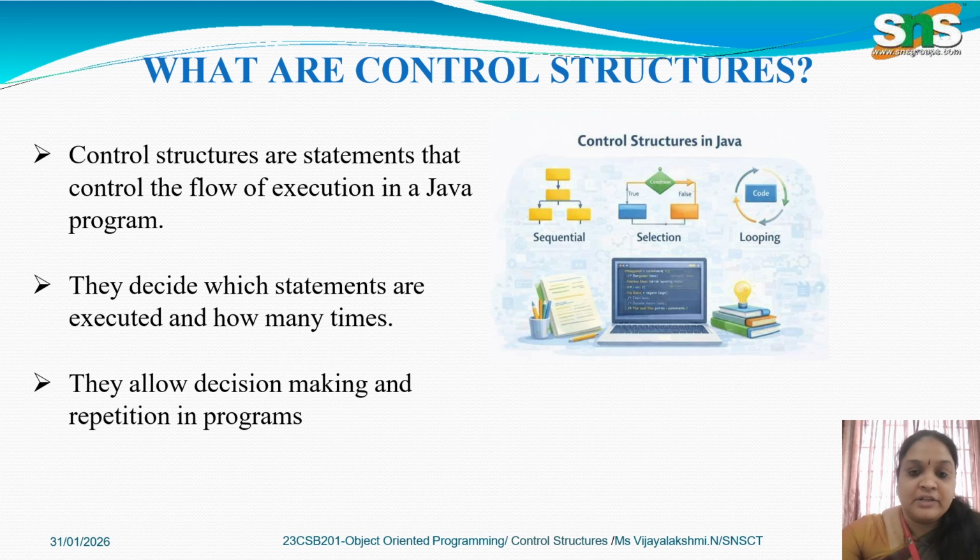If you have left or right, you have to choose any one direction, whether to choose left or whether to choose right. In a similar way, in a program structure, you may have to take a decision whether to choose the true part or whether to go for the false part based on the logic behind the program. So that's why we need control statements.